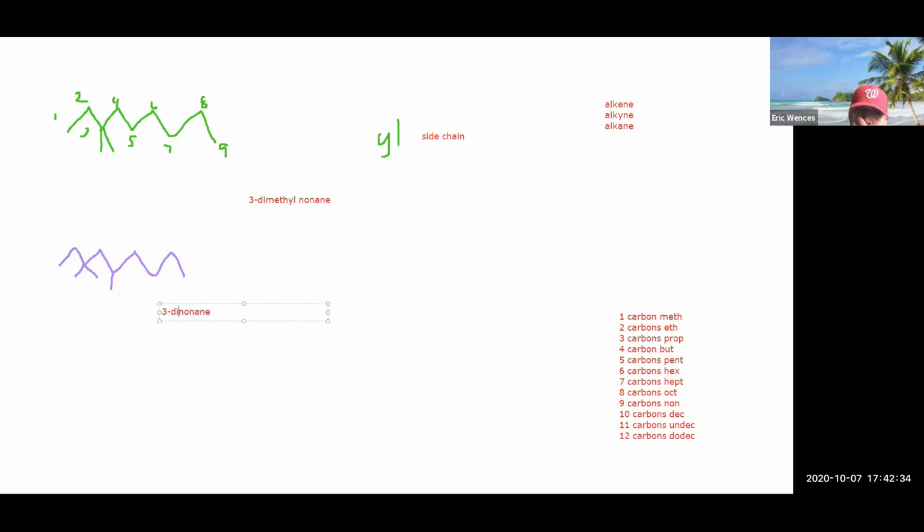And then 5... methyl. Is it that? I'm just guessing. That is correct. 1, 2, 3, 4, 5. Yep. So 3-dimethyl, 5-methyl, nonane.